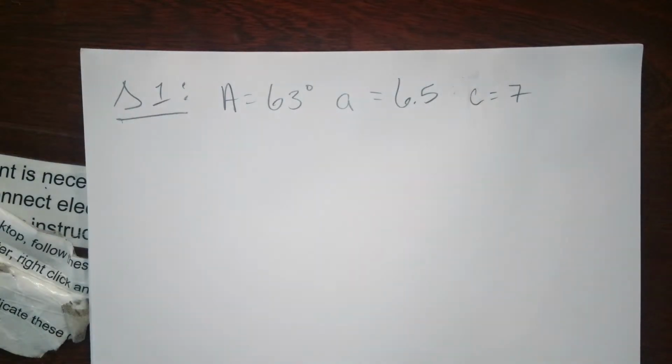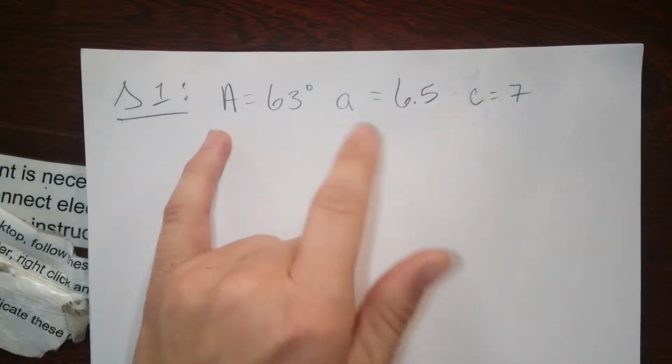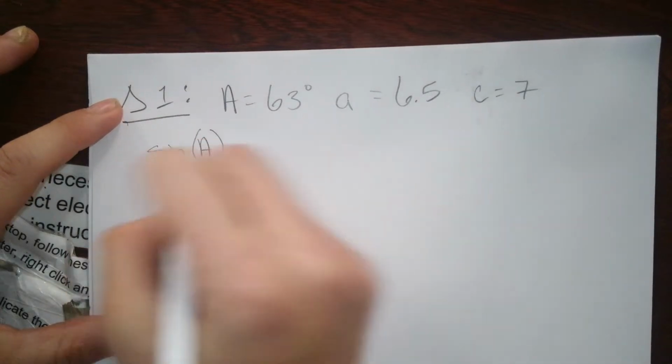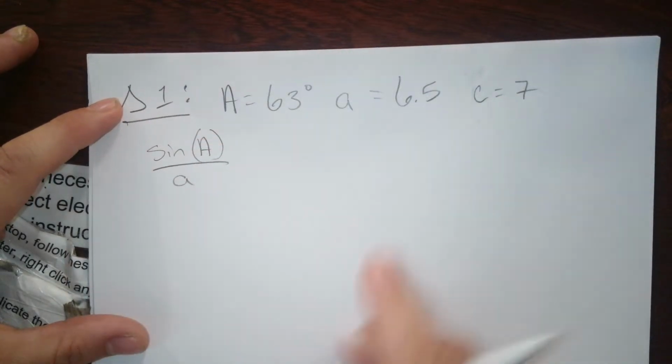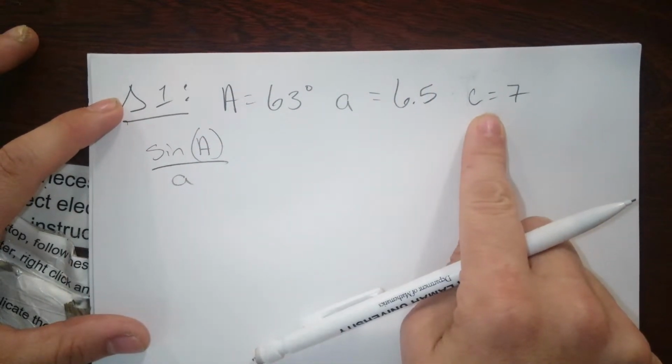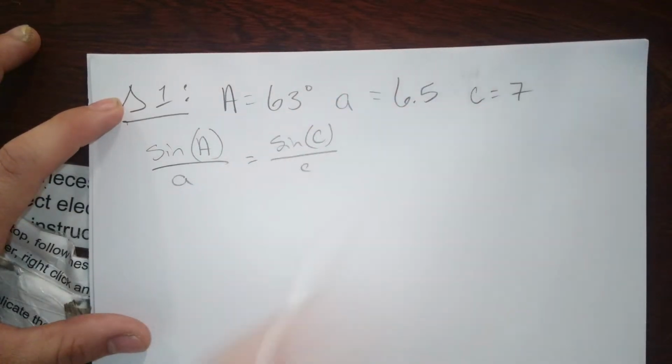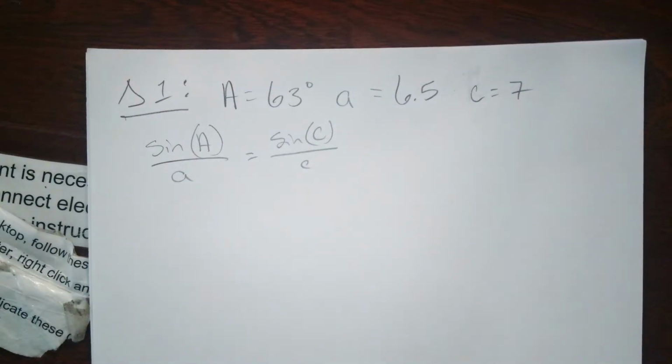Use the law of sines to find it. We use the law of sines to find the angle that corresponds to the other side, right? I have angle A and side A, so I have to use sine of A over A. And I know side C, so I can do sine of angle C over side C. Solve that, I'll get angle C.